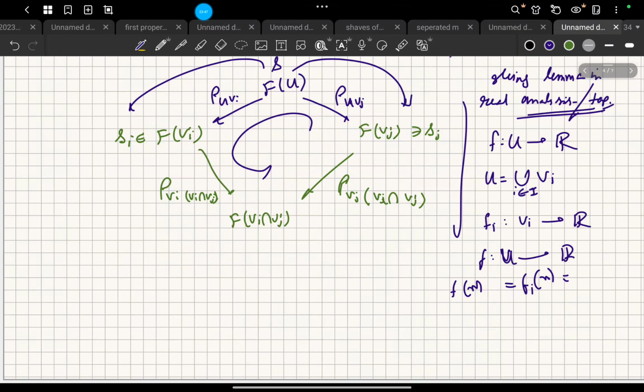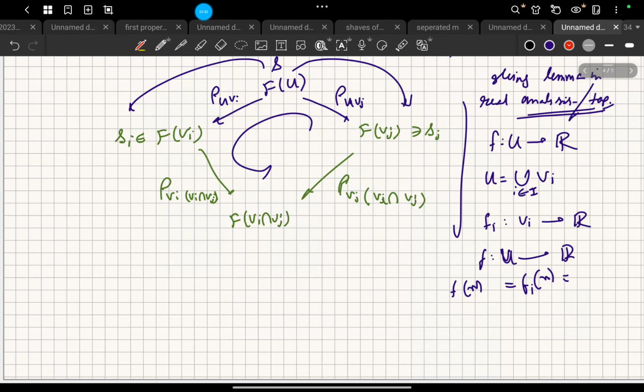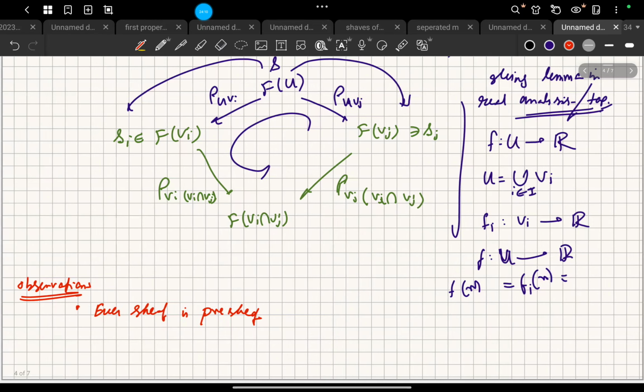Now, one observation. From the definition it is very clear that every sheaf is a presheaf.